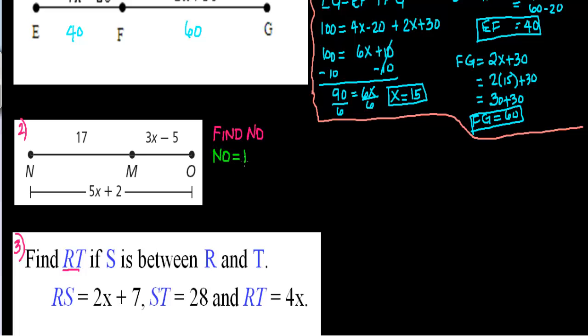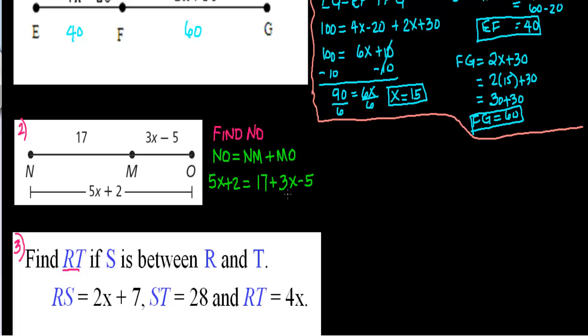NO is equal to NM plus MO. NO, it says here, has a distance of 5x plus 2, equals NM, which is 17, plus MO, which is 3x minus 5.